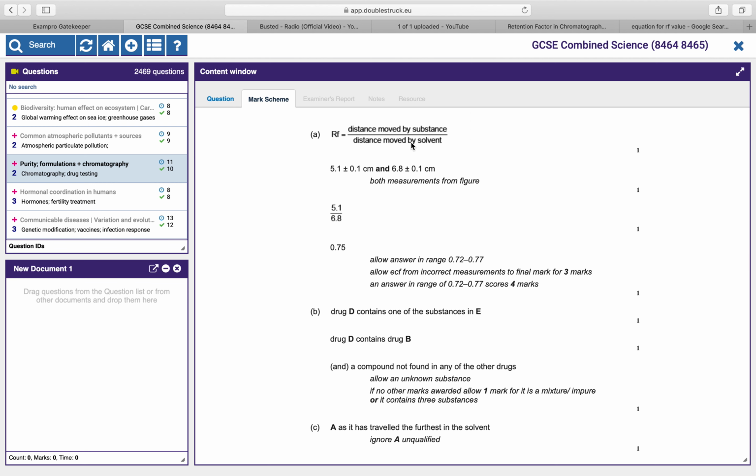Okay, so there we are. Distance moved by substance, sometimes you could put solute, divided by distance moved by solvent. That would get you a mark. Then you've got the distance that you will have measured from your figure.